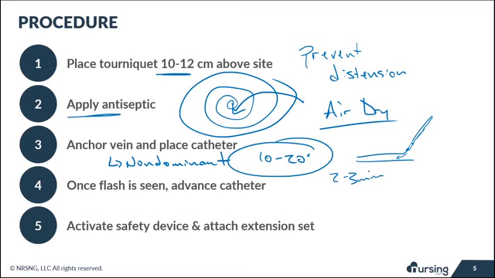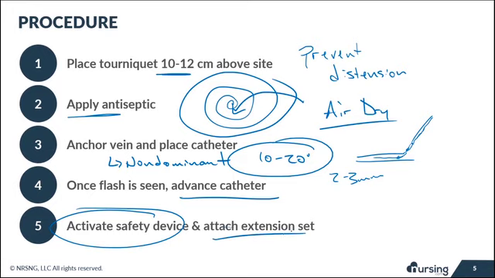It depends on how big the vein is. It also depends on some other factors. But once you get it, advance it only slightly until you get that flash. And then once you see the flash, advance the entire catheter into the vein. And then what you'll do is activate that safety device and attach your extension set.